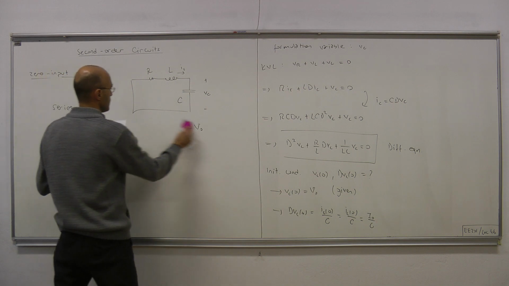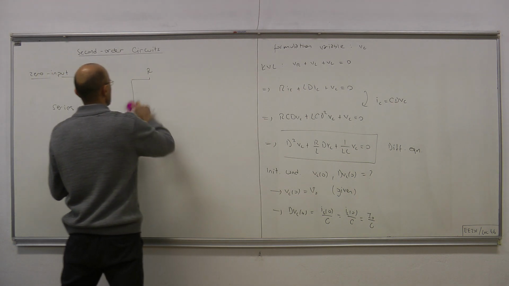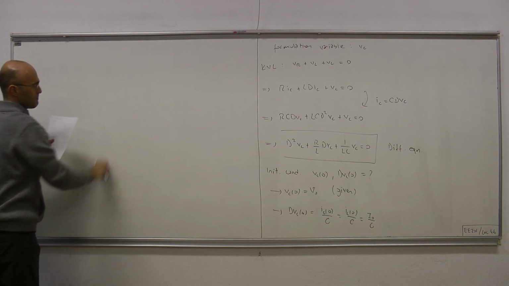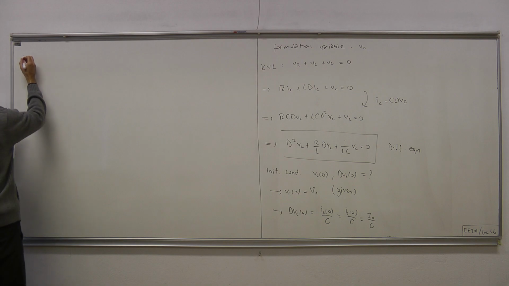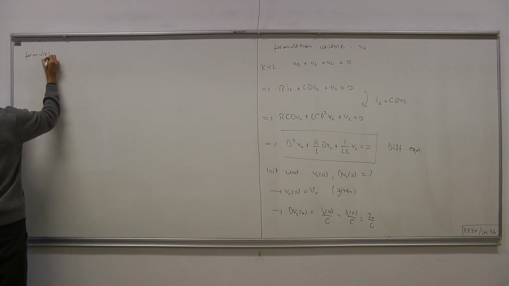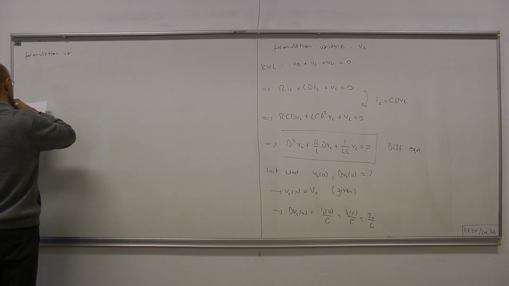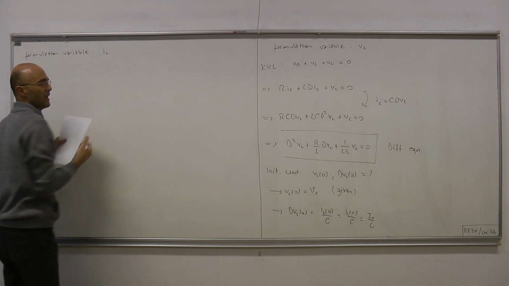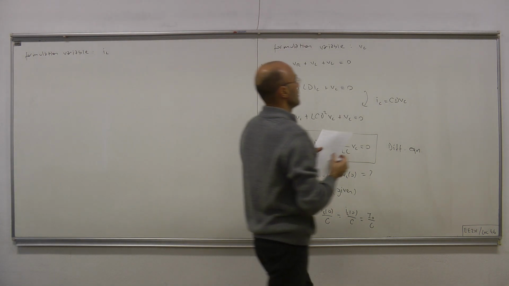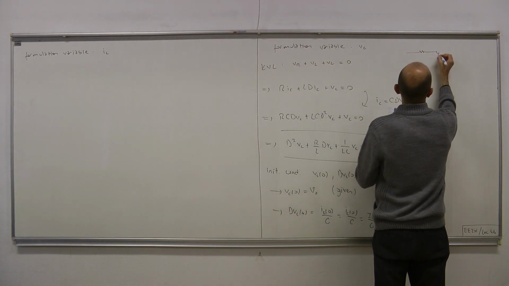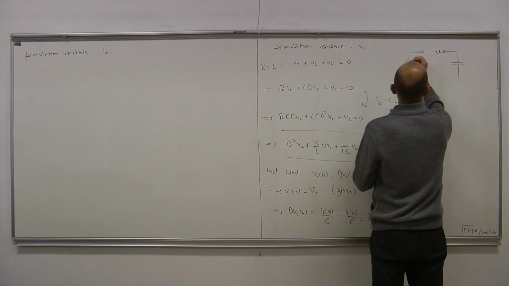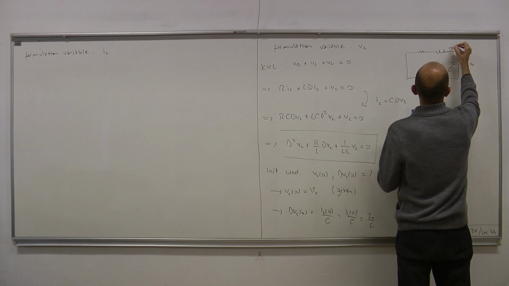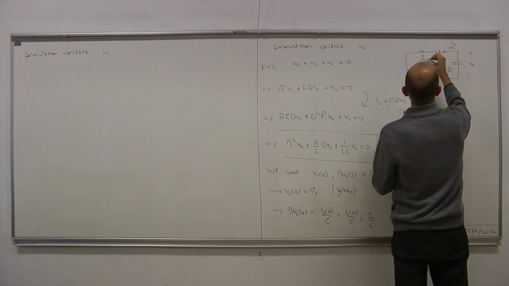The formulation variable is now picked as IL. Remember that we're dealing with this circuit. Let me redraw it here: plus minus VC, this is IL, this is L, this is R.